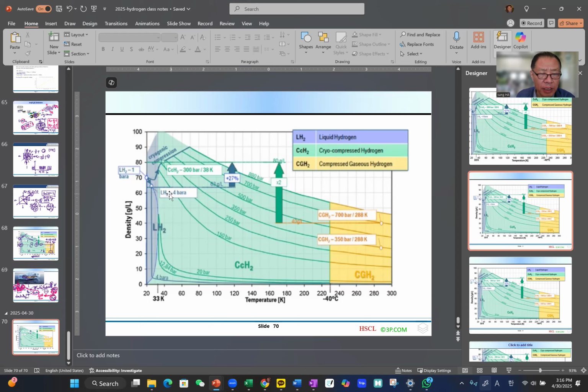But with liquid, we reach again 62 gram per liter. But the main problem is that we have to lower the temperature as low as 33 K or minus 253 Celsius, which is extremely low.